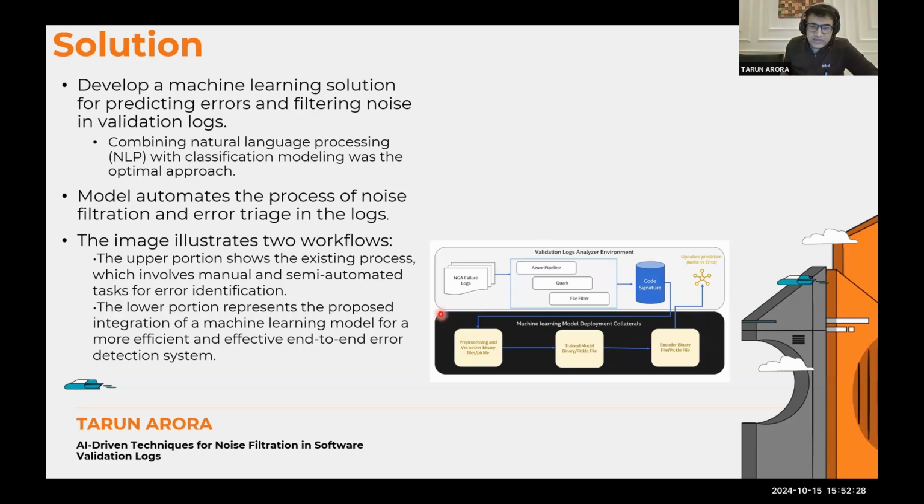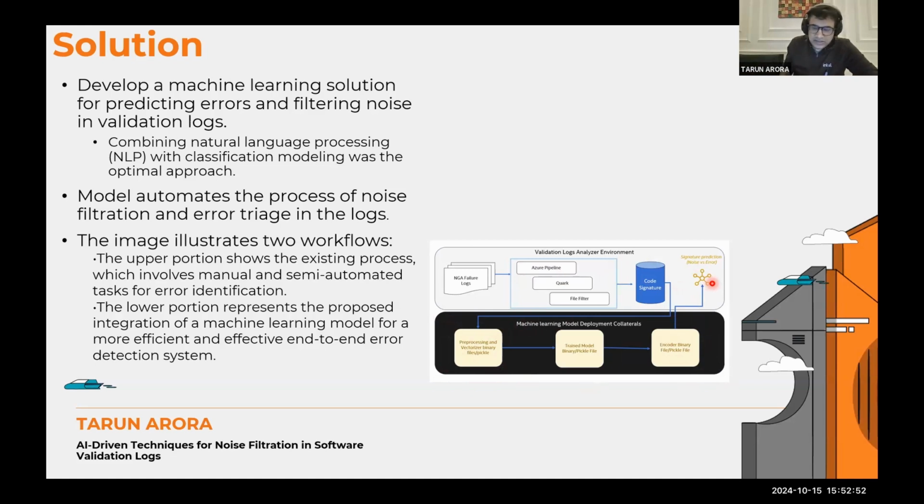Now, with machine learning, what is happening is you deploy a complete machine learning framework which does all the activity, and you are just feeding your logs data into that model, and that model eventually tells you whether there is noise or an error, which can eventually be used for the automatic understanding of the triage flow, right?